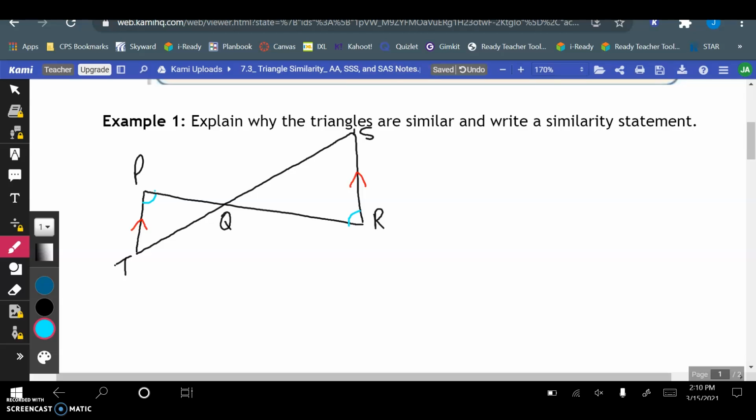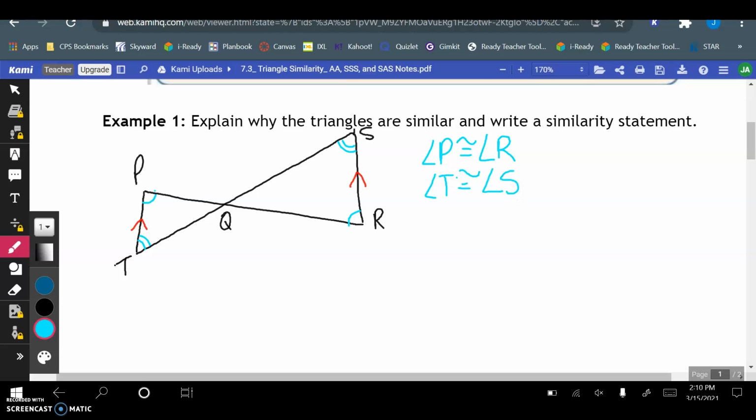They're on the inside of the parallel lines and on alternate sides of that transversal, so on the opposite sides of those lines. So those two are congruent, as well as T and S. So angle P is congruent to angle R, and angle T is congruent to angle S.